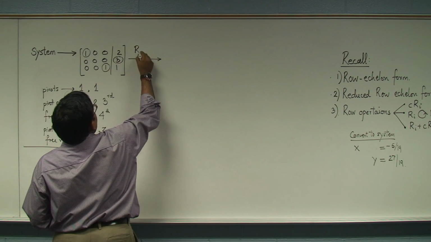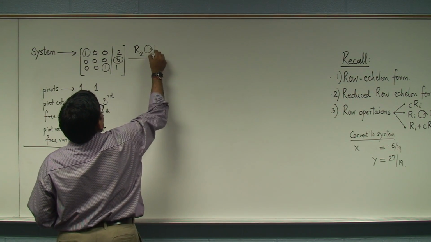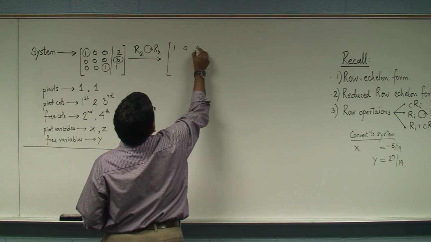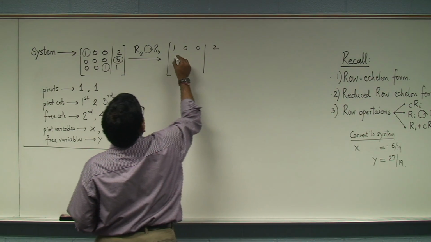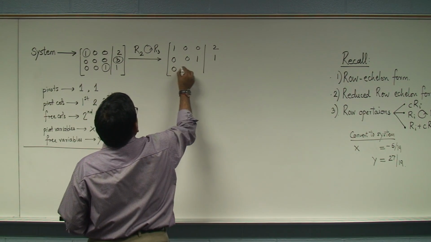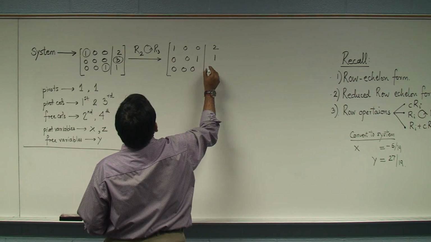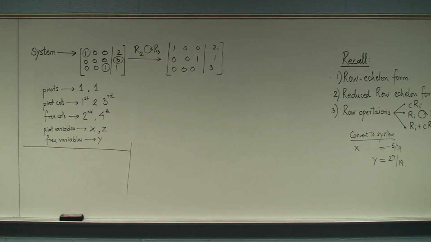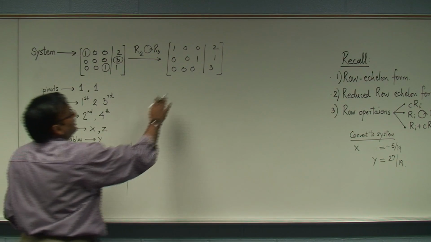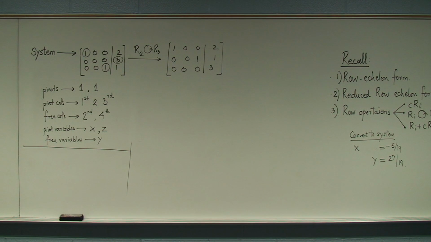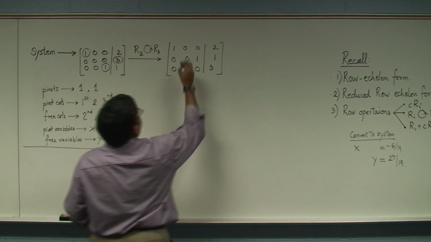So we will swap row 2 with row 3 and see what will happen. 1, 0, 0, 2, 0, 0, 1, 1, 0, 0, 0, 3. Okay, now we are in business. Let's see what things will change. Okay, let's try it again. So this is an echelon form.